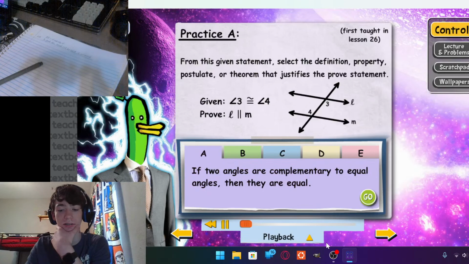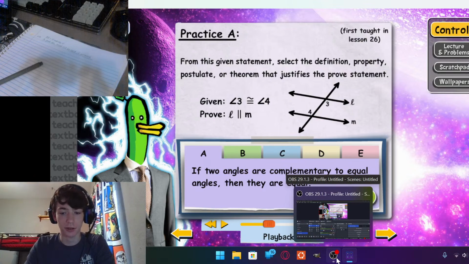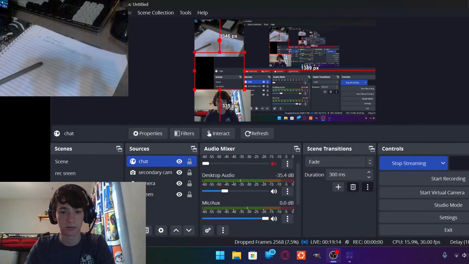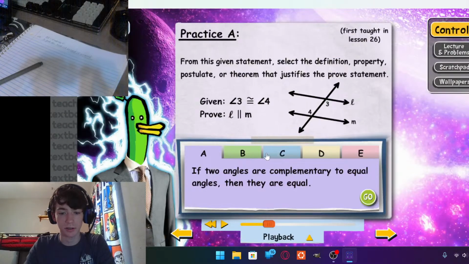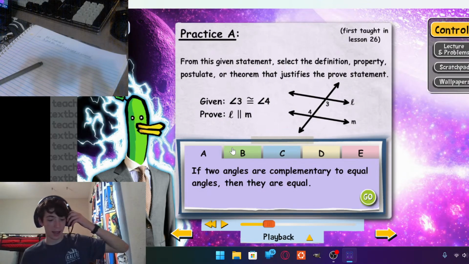From this given statement, you need... Why does the recording sound so much better, like in the actual problem? I don't understand that. Makes no sense. Okay, just a second, because my trackpad is nasty.